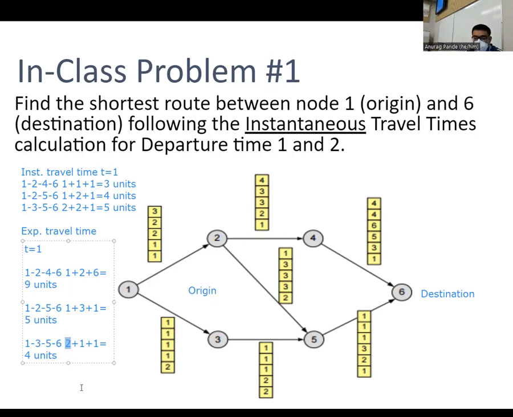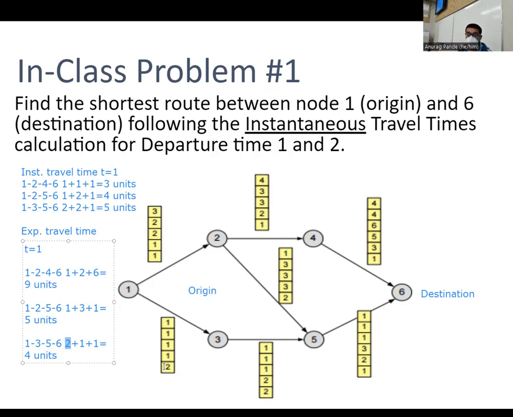That's what I have here, because if you're starting at T equal to 1, it takes 2 minutes to get to node 3. I know it's a lot of little things to track. So the question was, what was the travel time from node 1 to 3? It is actually 2 minutes because you're looking at this bottom box right here. Questions?